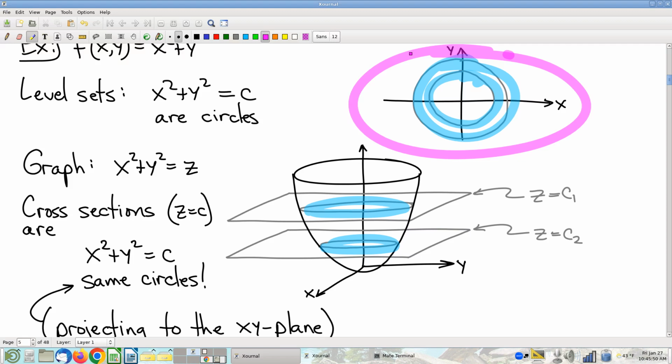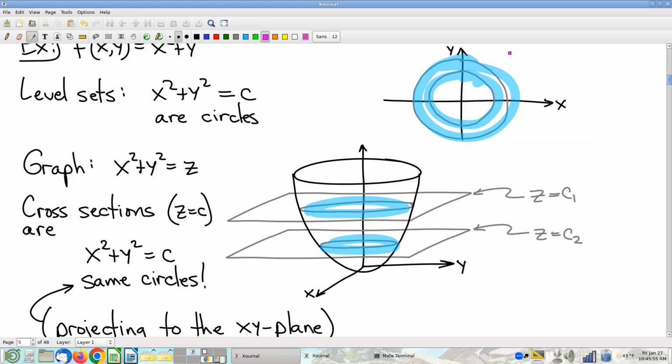So, yeah, it's a little different. True, right? But it remains that if you were to throw away the z component, in other words, project these down into the xy plane, those projections are the same as the level sets.